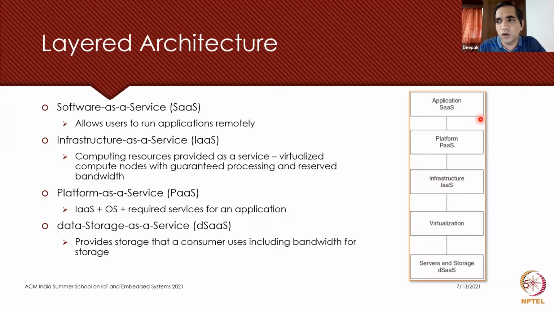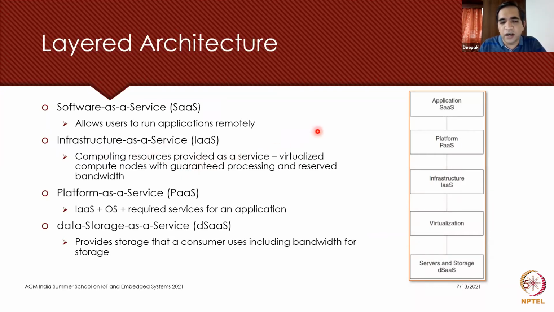If you want to run some application, this is the service that you will request from the cloud. Again, the software as a service can also be provided in multiple ways, so we'll briefly look at that in a later slide.